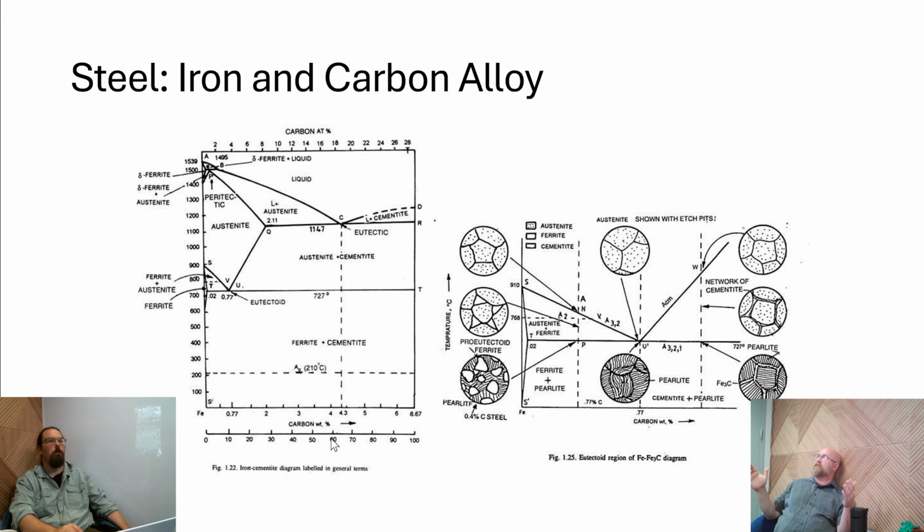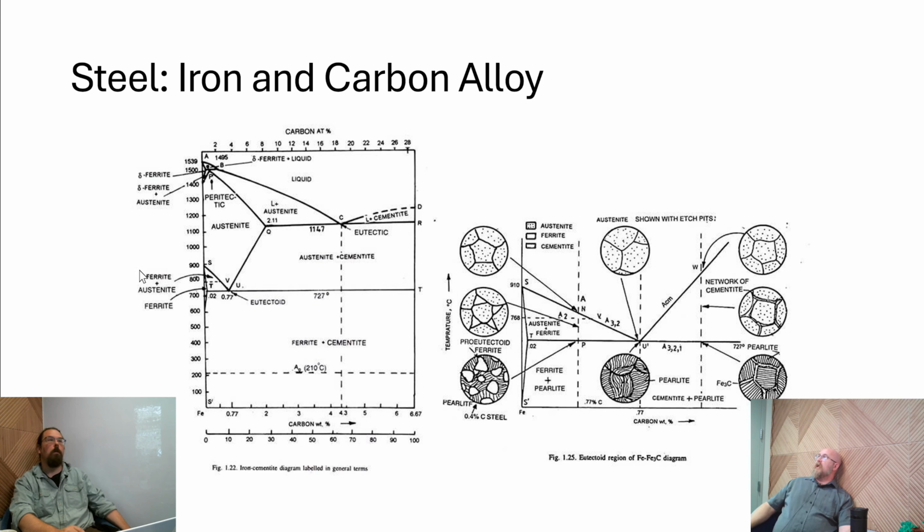As we go to the right, the amount of carbon in the alloy is increasing. And then on the y-axis, we have the temperature at which these phases form. So we're relating the quantity of carbon in iron and a specific temperature.